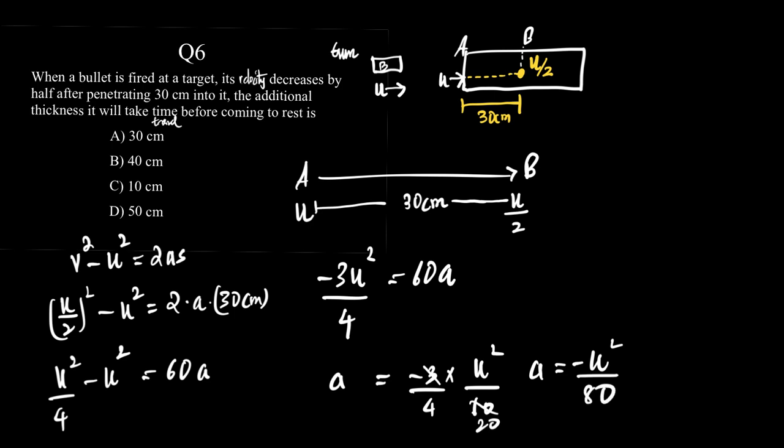Now, which means that the deceleration faced by the body here is u square by 80, or otherwise the acceleration is minus u square by 80.